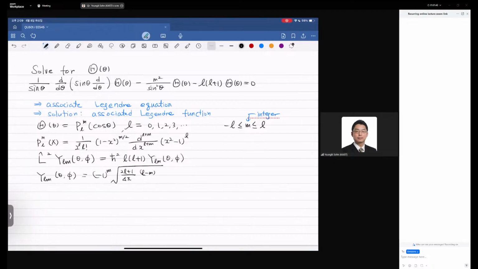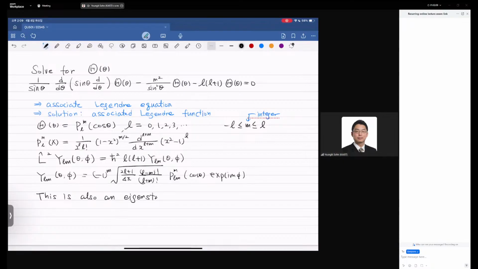So the angular part of the solution of the Schrödinger equation, we have solved analytically. Note that this is also an eigenstate.